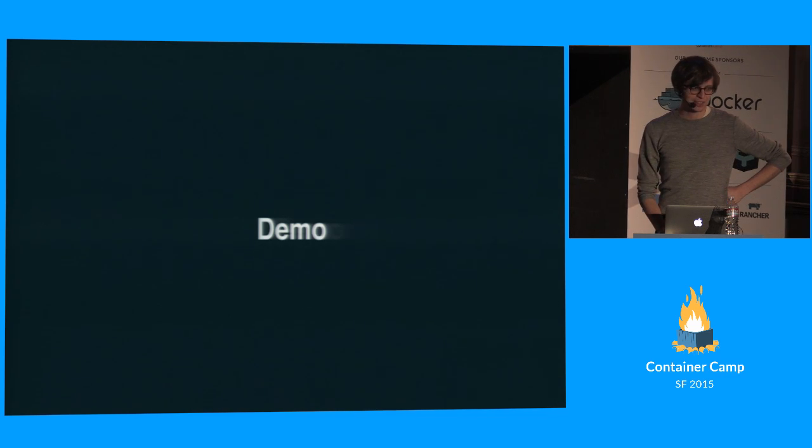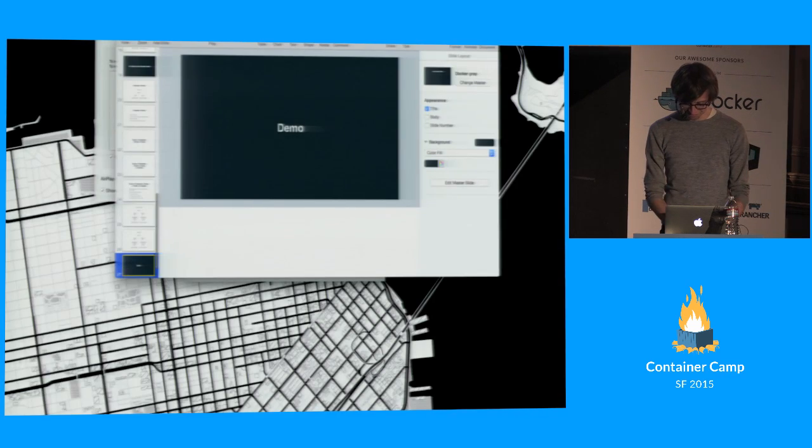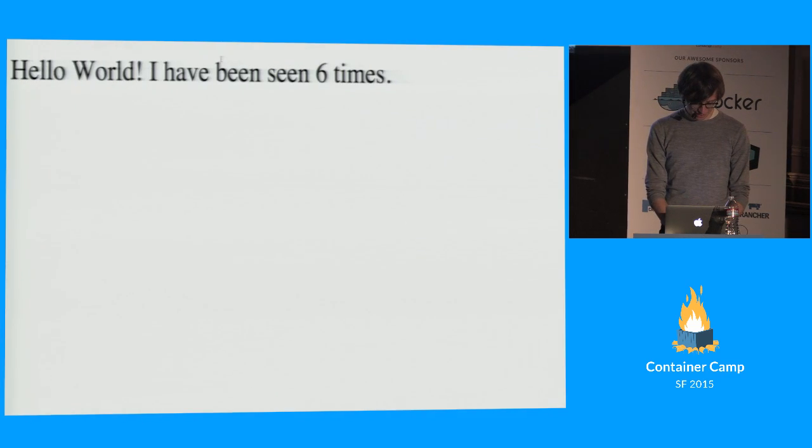I was originally not going to give this demo because I thought this is just going to break. This is so complicated that there's no way this will work on stage. And obviously, disclaimer here, this is really experimental as well. I would definitely recommend not running this in production. But let's see what happens.